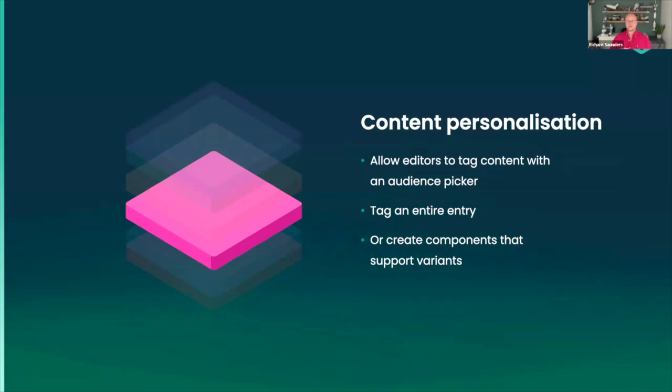Or you might have individual components on a landing page, like a hero banner. You might want to display different hero banners depending on the audience that are visiting. So if you've got an art student who's about to join the university and they've been visiting the art section, you might want to show them an Arts Open Day banner. Whereas you might just want a welcome to our university as the default banner on the homepage. All of that is around creating variations of your content that are tightly associated to audiences.